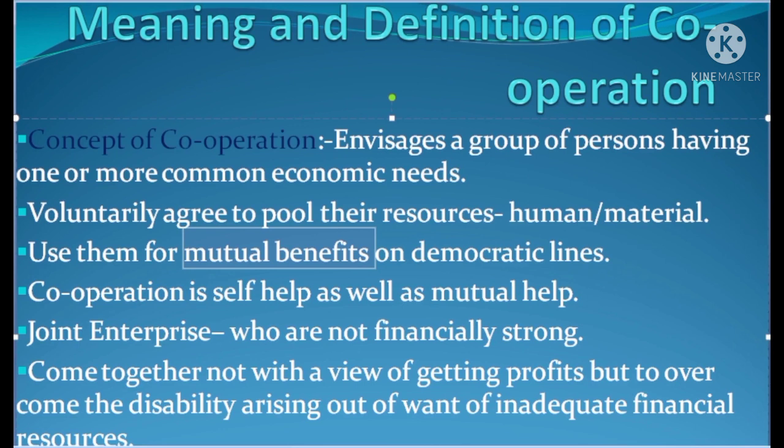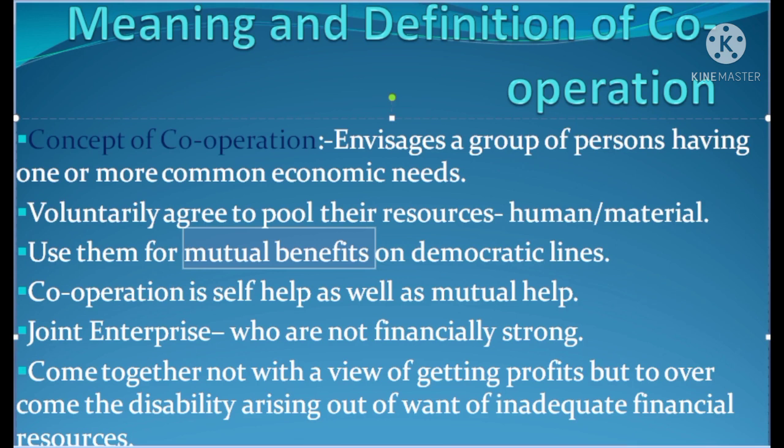An individual cannot form a cooperation on his own. A group of persons is mandatory. And the second thing, common economic needs, are also mandatory. For example, if the group of persons have different economic needs, then they cannot come together.